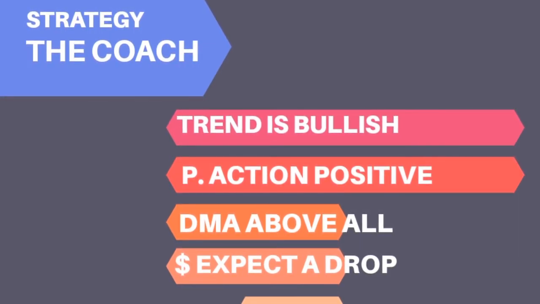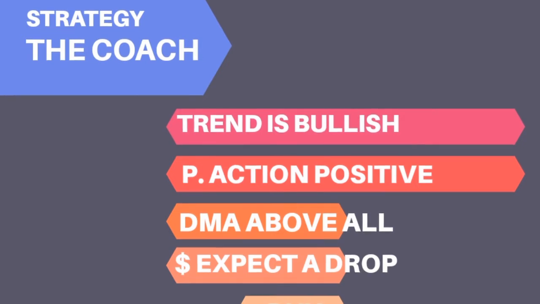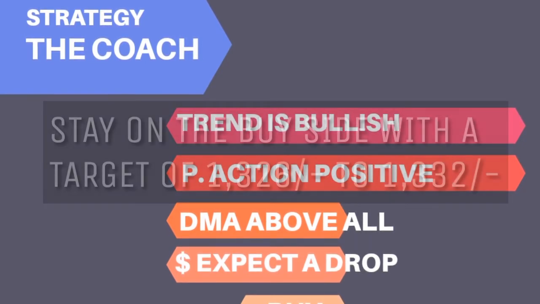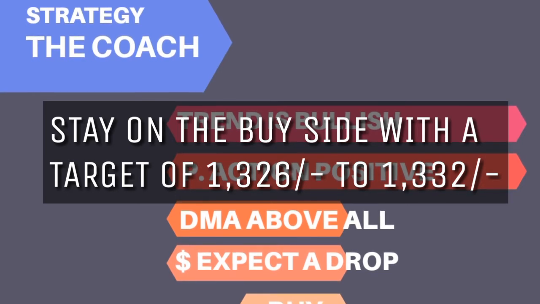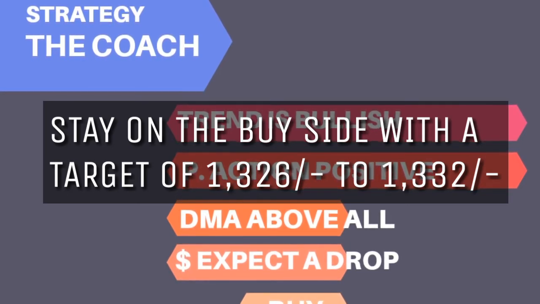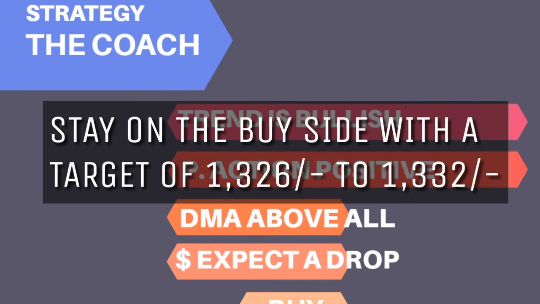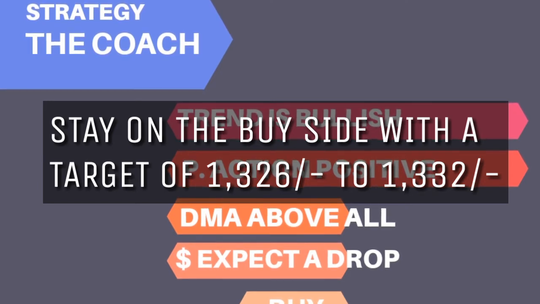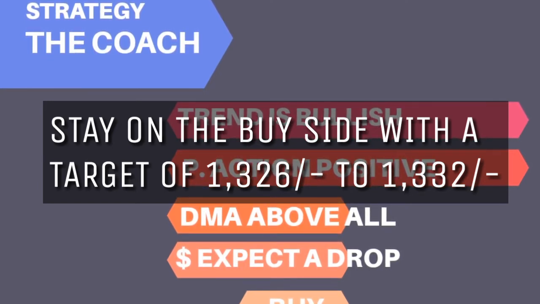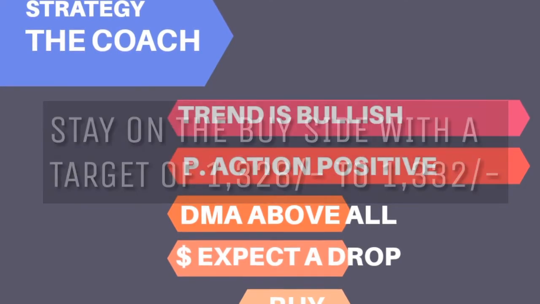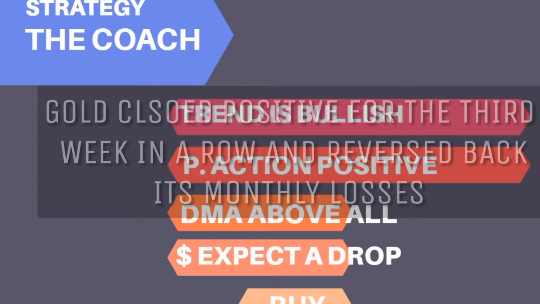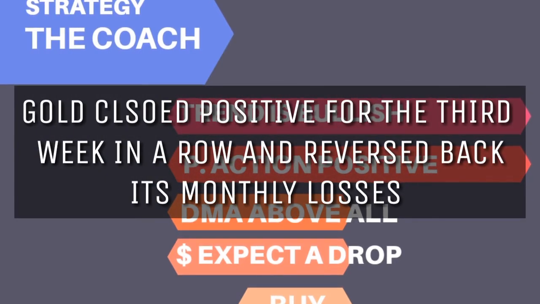We are above all the daily moving averages, and we do expect a drop in the yield curve, which may affect the US dollar. Based on all of this, we advise you to stay on the buy side with a target of 1,326 to 1,332. Of course, any drop in the gold price, as long as it's still trading above 1,300, is considered a good entry to the market as a buyer.